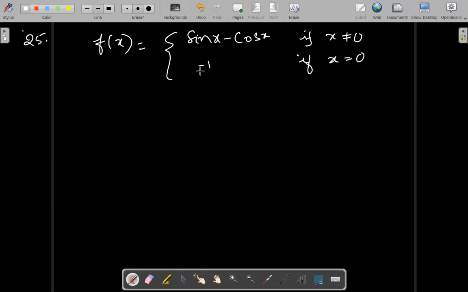So this is what he said, examine the continuity. So we need to look at 0. That means our c value is nothing but c is 0.